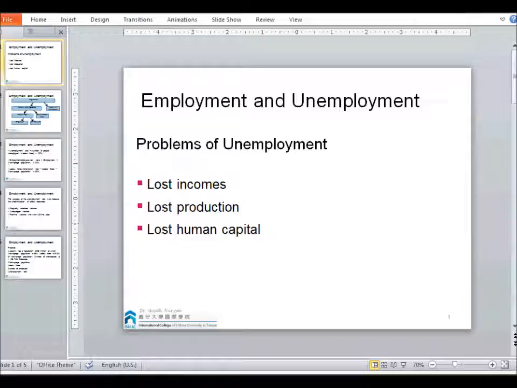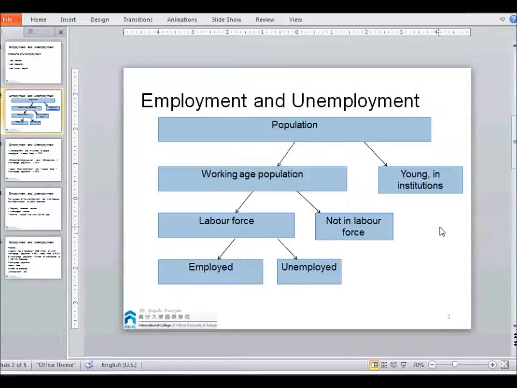Now let's have a look at who is actually counted to be unemployed, because not anybody who does not have a job is automatically and officially counted to be unemployed. Now let's take the population of the whole country. This population would be divided into those who are of working age, older than 16 years old, and those who are either too young or institutionalized.